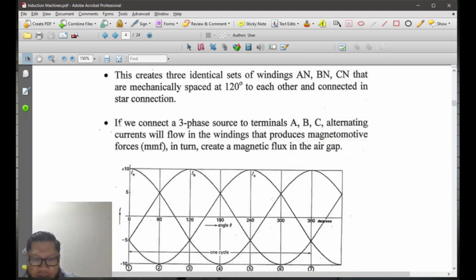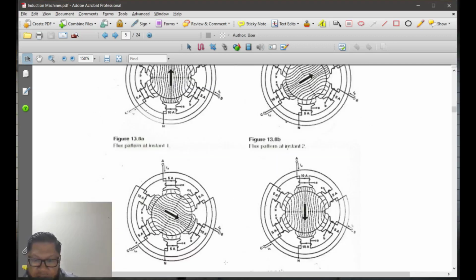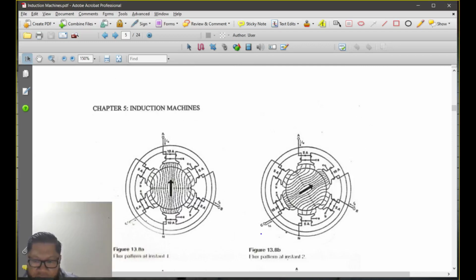Again, IA, IB, and IC. Here we have a negative current flowing, which means your magnetic field will move in the opposite direction. So we start with that, and now the highest magnetic field will follow in that direction.